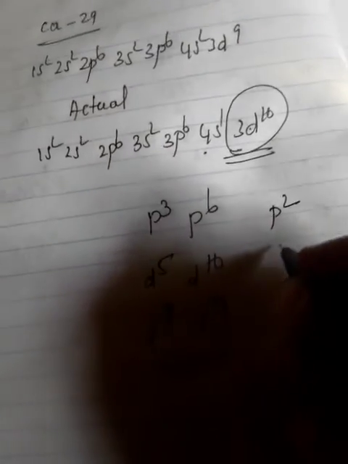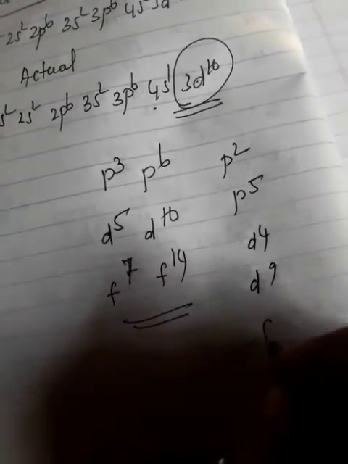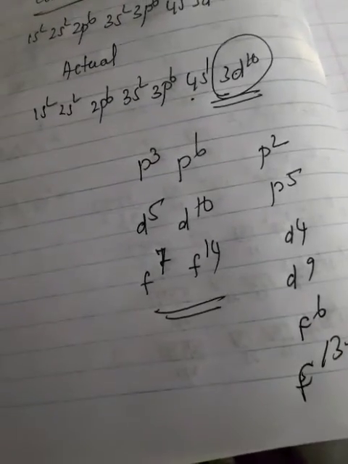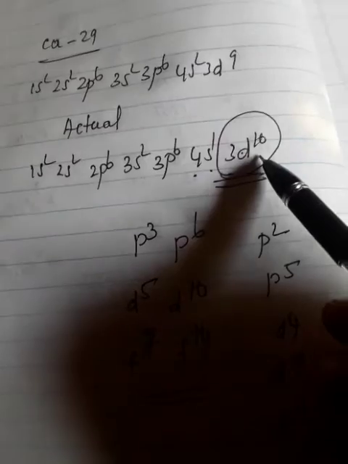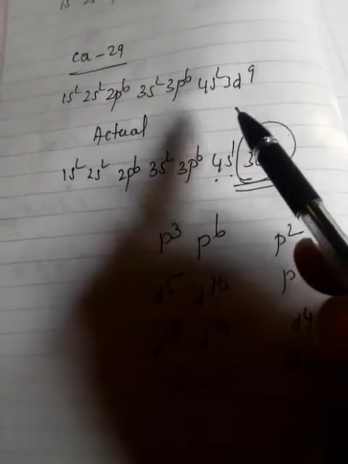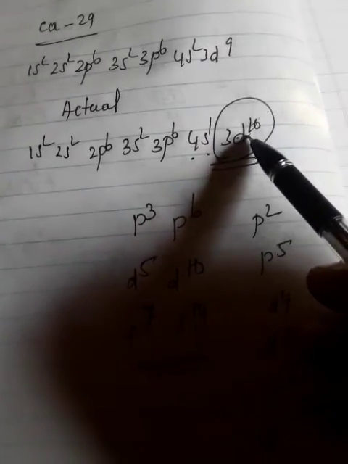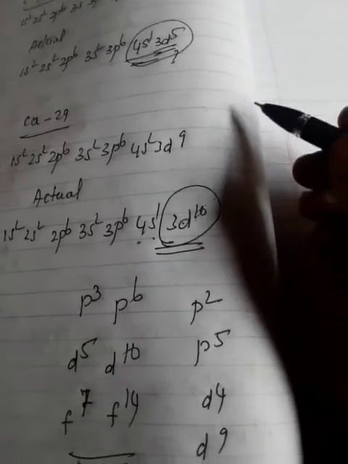These are more stable than p2, p5, d4, d9, f6, f13. Due to this stability, one of the 4s electrons occupies the 3d orbital in chromium and copper to attain the half-filled and completely filled configurations. So it is clearly given in the book how to write the configuration.